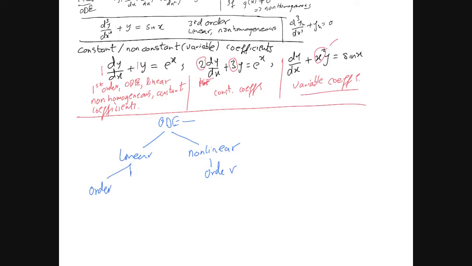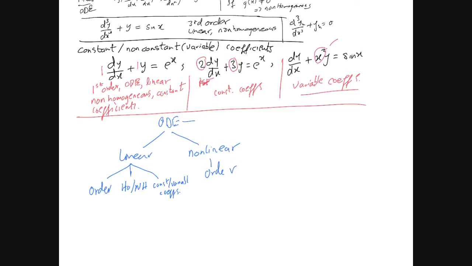Within linear you also have homogeneous versus non-homogeneous, and then you have constant and variable coefficients.